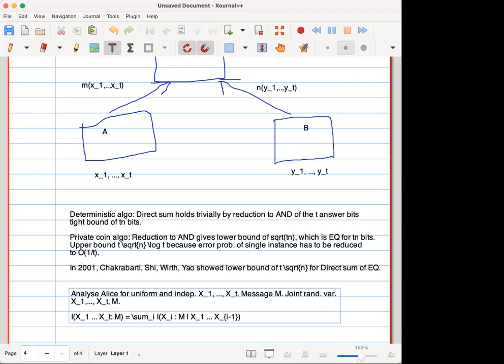There are other instances in which Alice can do such clever things. She's not constrained to just repeat her protocol in parallel some t times.